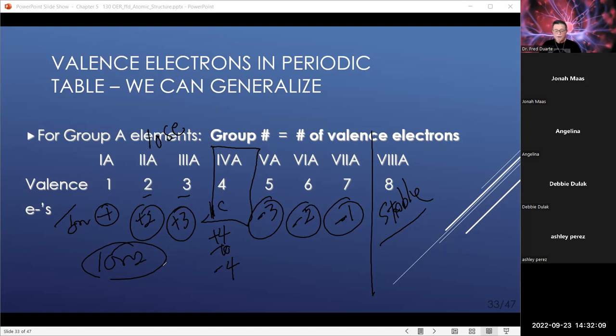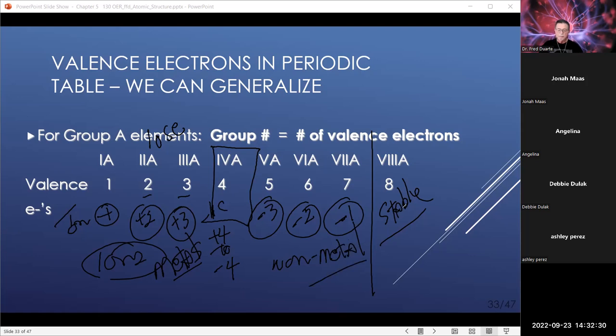What we have here is that the metals always will lose electrons and always will have positive charge. The non-metals will always gain electrons and end up with a negative charge.